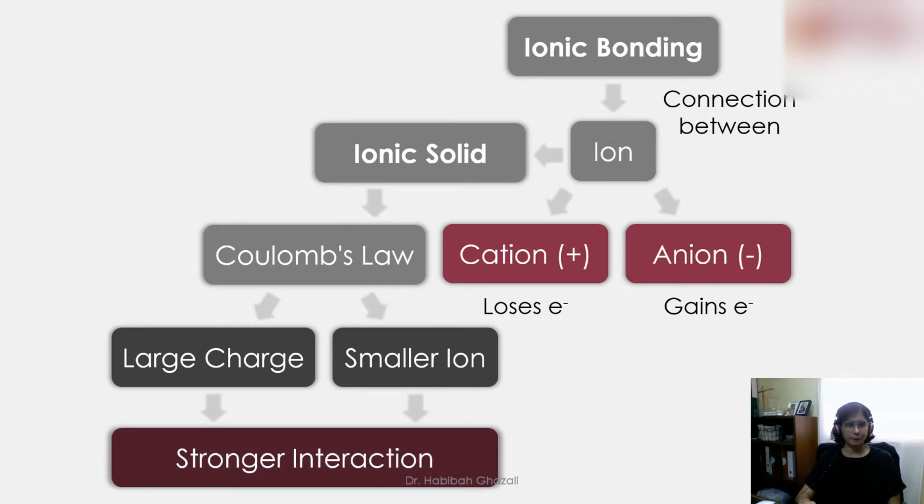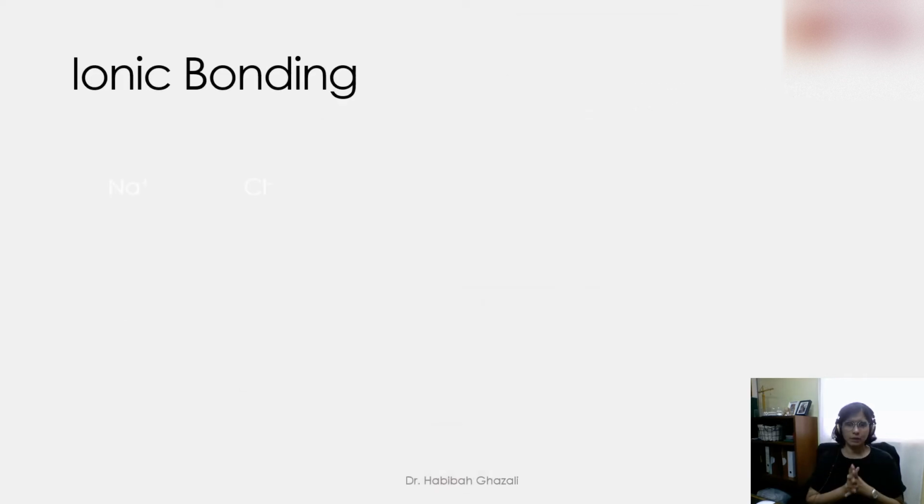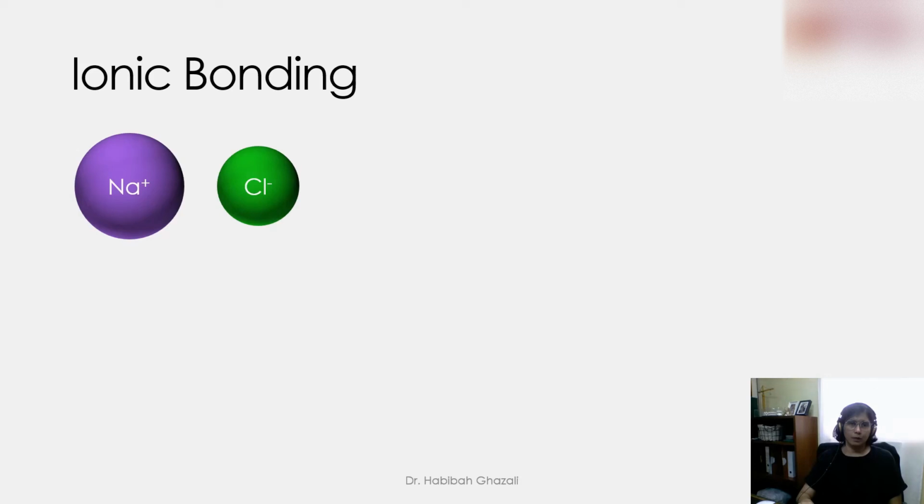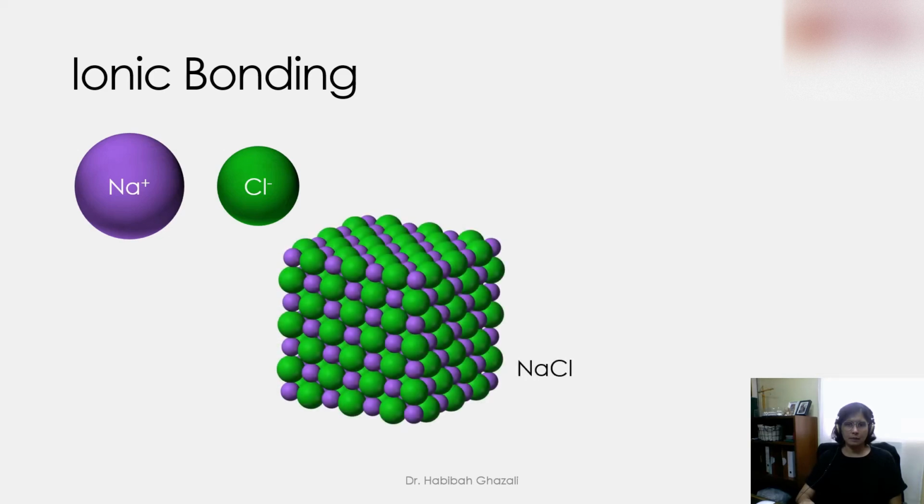Here is our sodium chloride again. Here is our sodium, the purple color, and there's going to be a positive charge on that sodium ion. They're going to organize themselves in a perfectly organized structure.